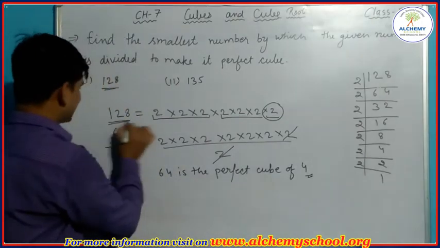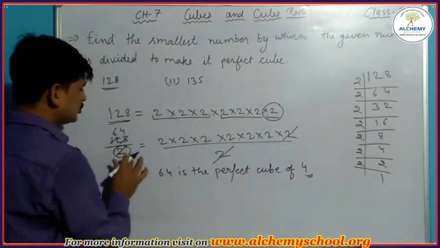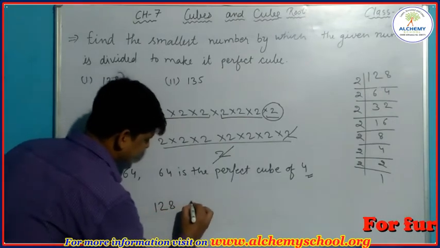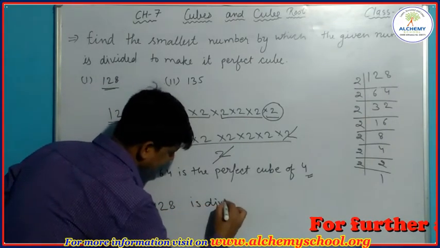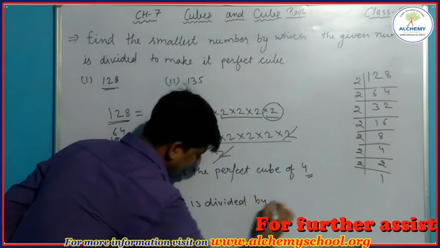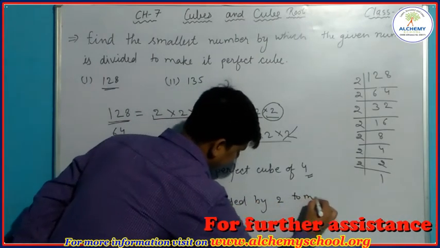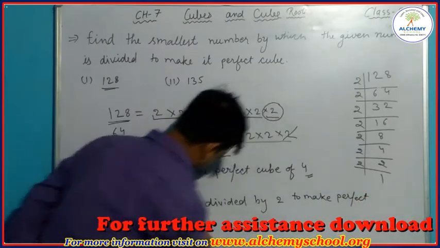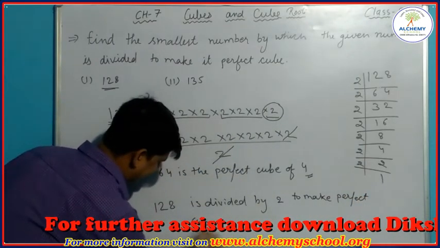Students, 128 is divided by 2 to make it a perfect cube. So this is our answer.